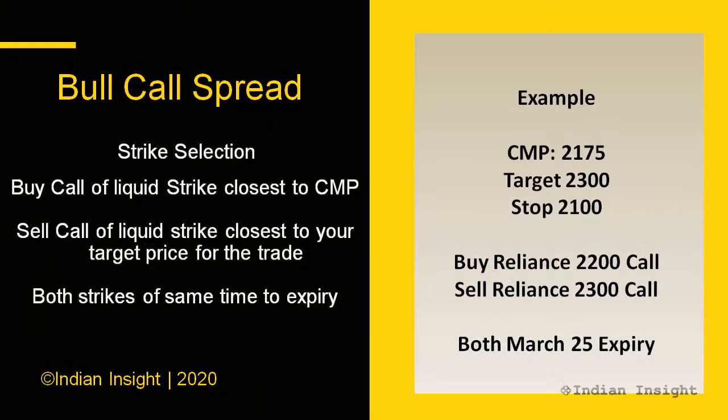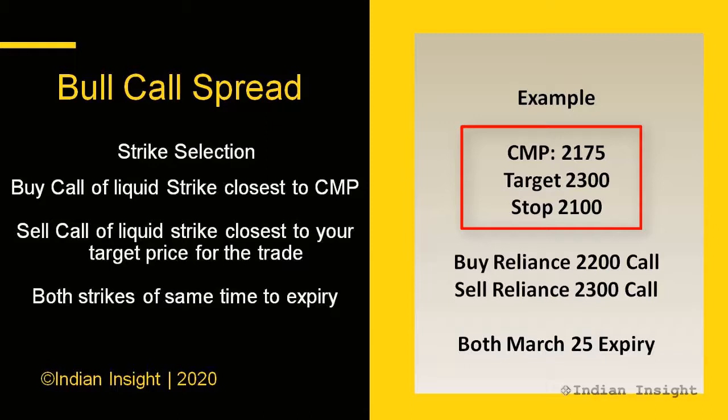The natural question you might have is, how do you select the strike price for the call options of this strategy? Now this depends on your view on the market and also a little bit on your risk appetite. Let's say you have this view on Reliance. You want to go long around the current price of 2175 for a target price of 2300 and a stop loss of 2100.